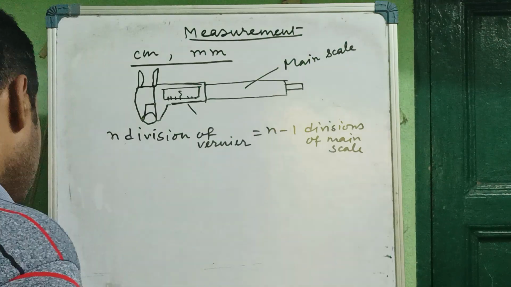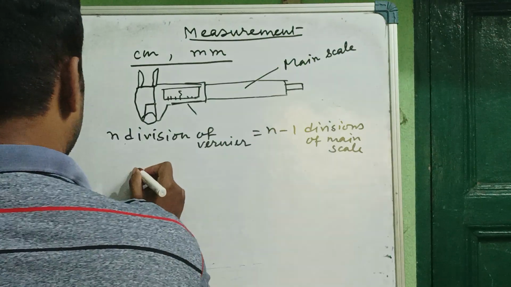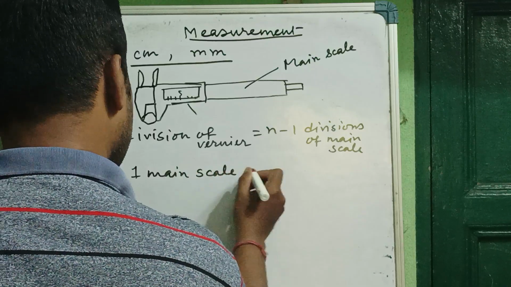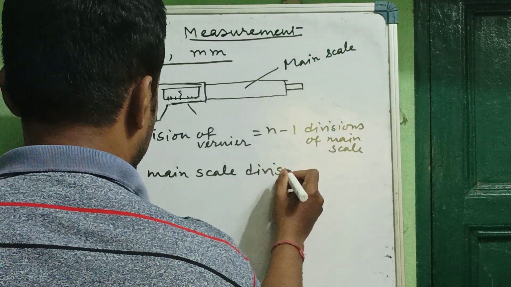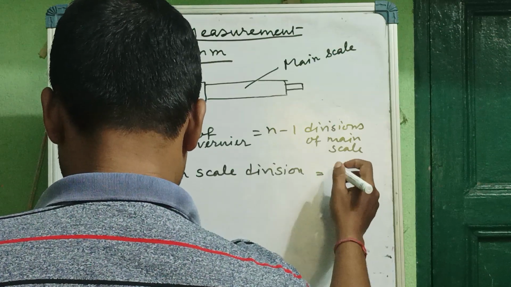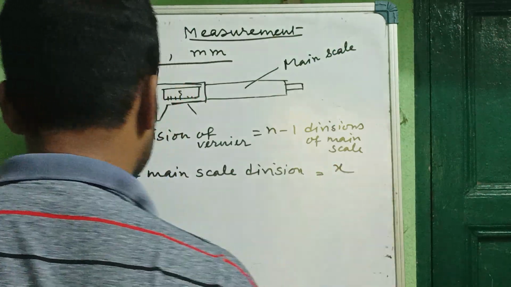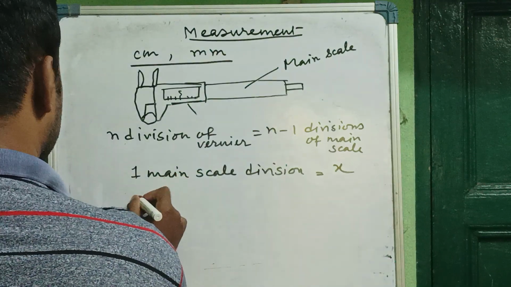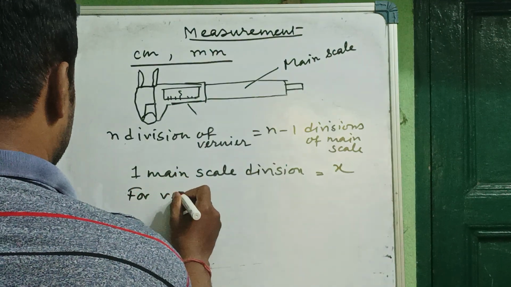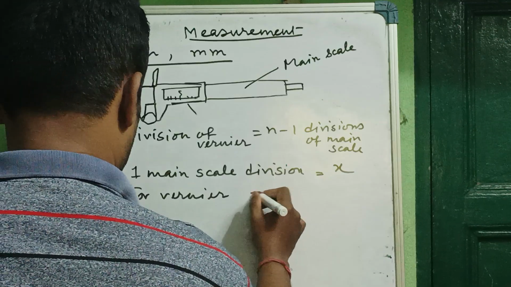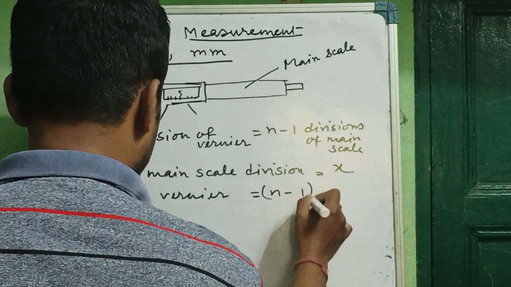Let's take one main scale division as x. For the Vernier, n minus 1 into x.